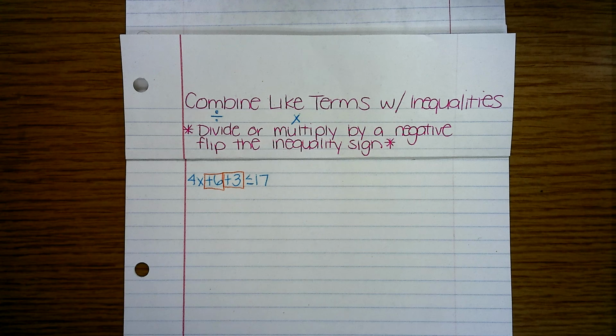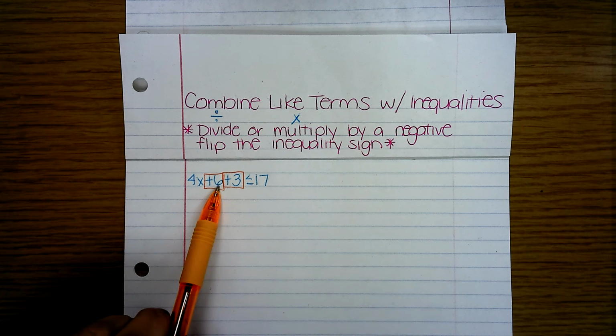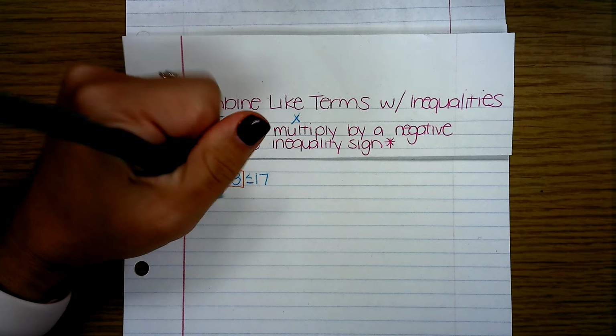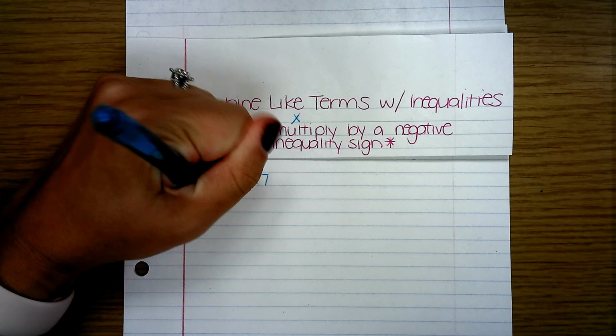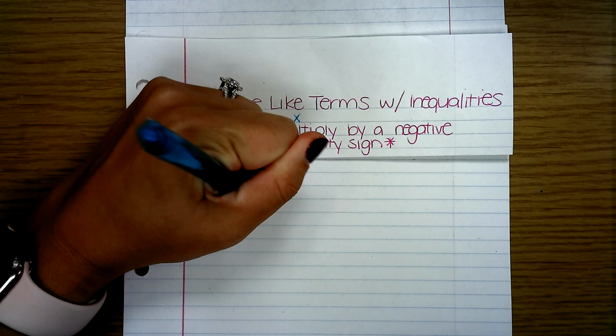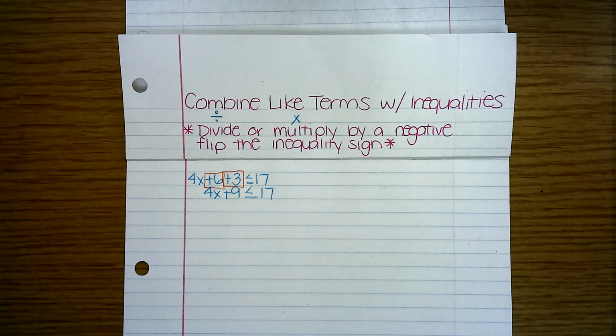And since I'm on the same side of the equal sign, I don't choose the opposite. I combine them exactly with the signs that I see. So in my calculator, I'm going to put in 6 plus 3 to combine my like terms. That gives me a problem of 4x plus 9 is less than or equal to 17.